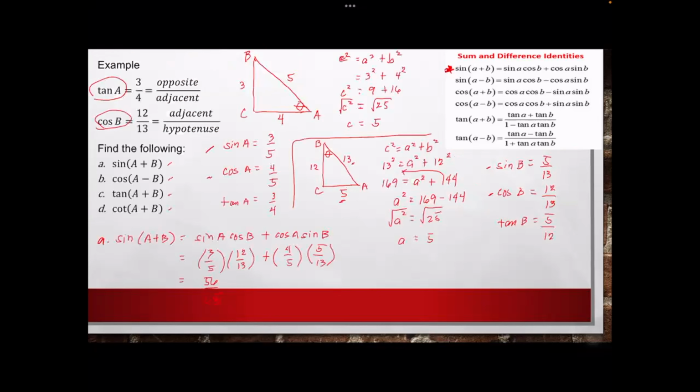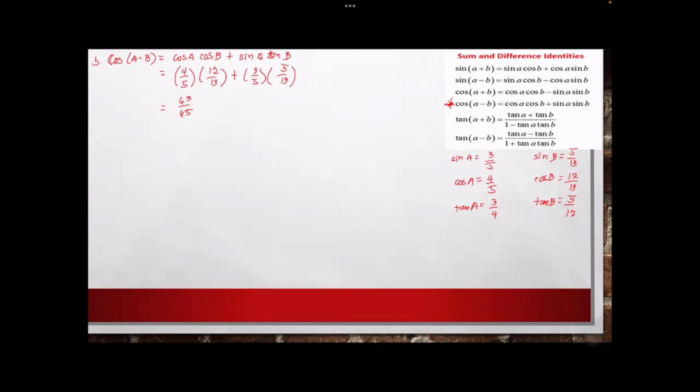Tan A plus B. Okay, for the letter C. This will be tan. For the tan A plus B, we'll gamitin natin yung formula. Ayan.